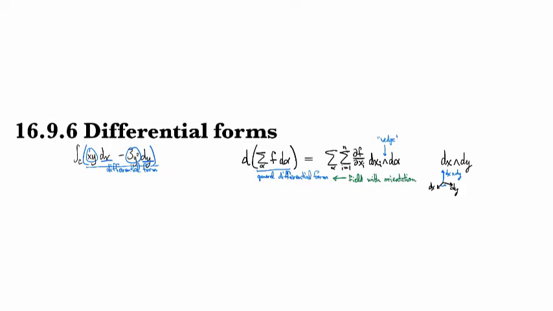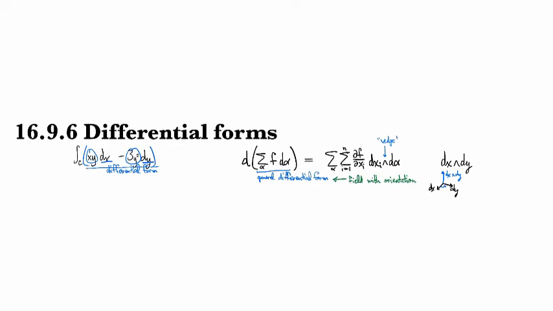And this is exactly the same thing that we saw when we were looking at using the magnitude of the cross product of the partial derivatives to find the area of the little parallelogram that needed to be integrated up, right? And so if you do the cross product in the opposite order, you're off by a sign. So the rule is that dx wedge dy is minus dy wedge dx.